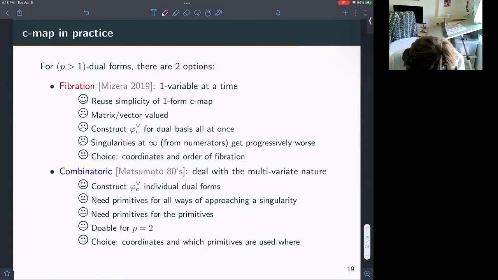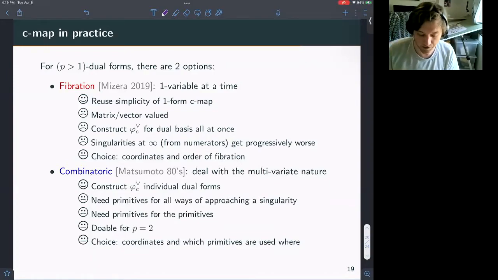And in practice, there are 2 ways to go about doing this. One is fibration, and the intuitive idea is just to do one variable at a time until we run out of variables. The upside is we get to reuse the simplicity of the one form case. The downside is that we now have a matrix or vector valued problem, and we have to construct the compactly supported versions of the entire basis of dual forms all at once.